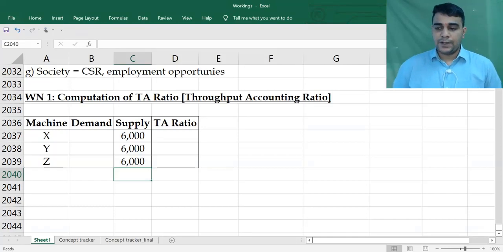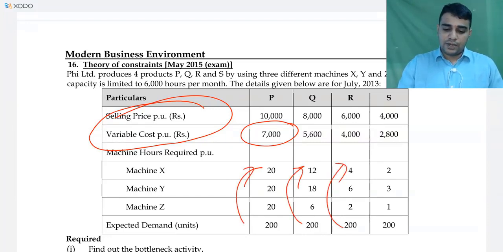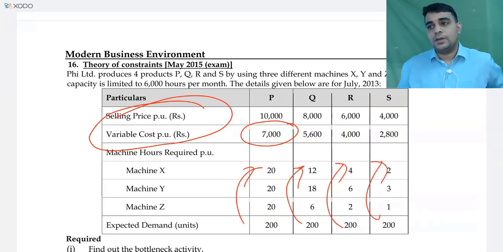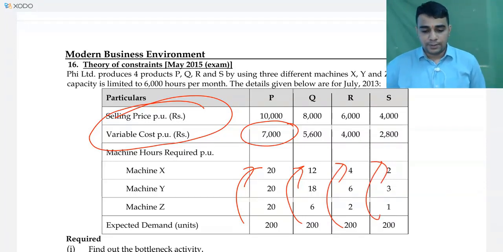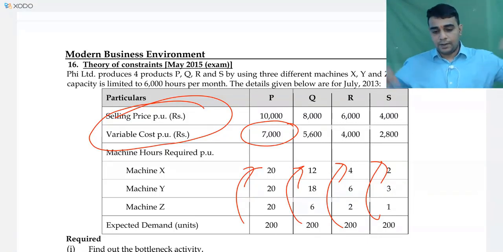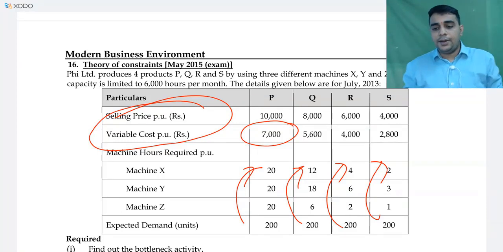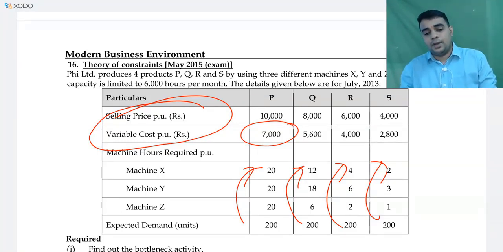Demand is units into hours per unit, summed across products. For machine X: 200 into 20 plus 200 into 12 plus 200 into 4 plus 200 into 2.